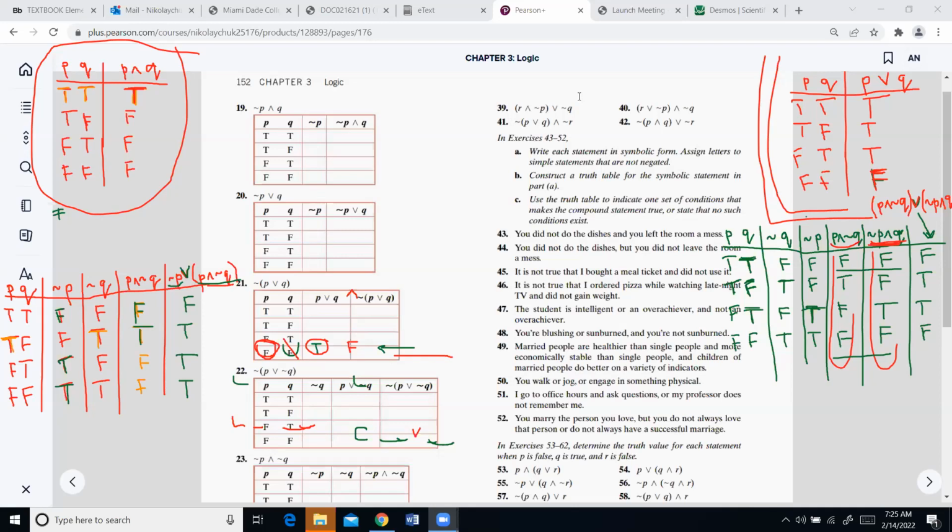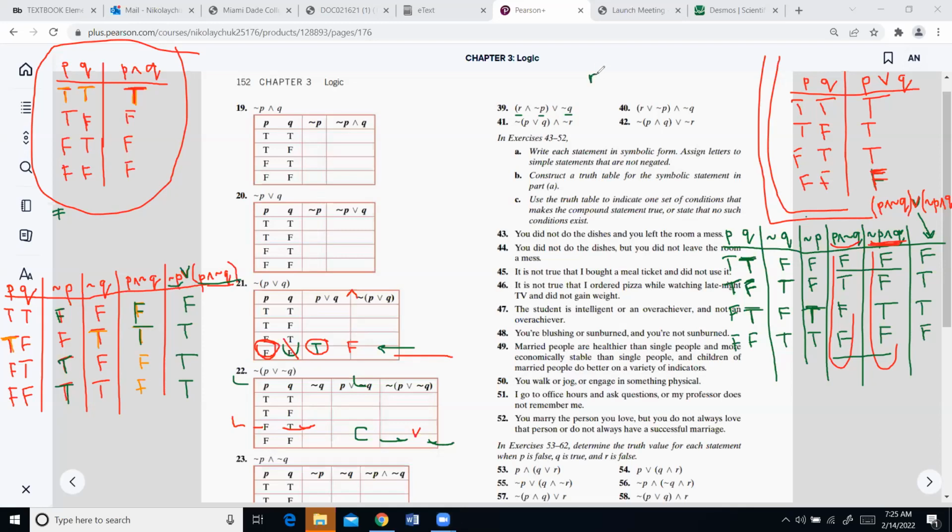So this story does not end. There is more in here, but now they are also coming up with a third quantifier. Look at this. On the next page, at the top, they have 3 letters: R, P, and Q. Third one, R. So maybe I'll copy this exercise 39.